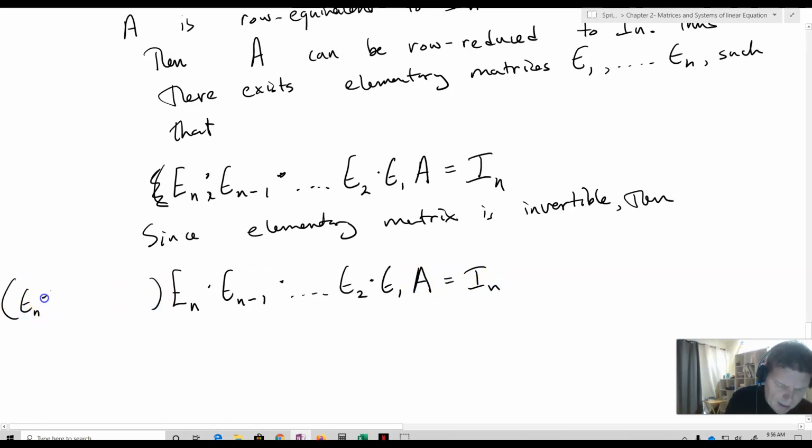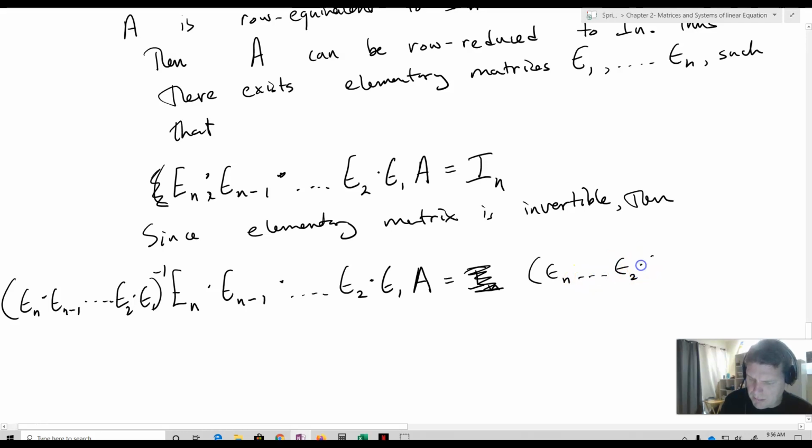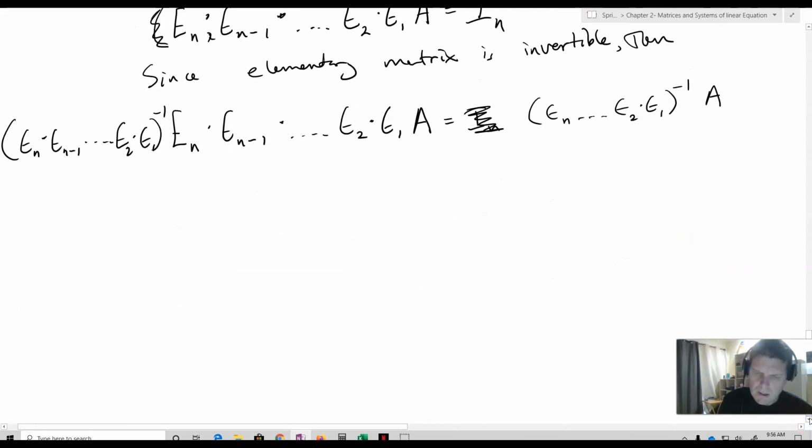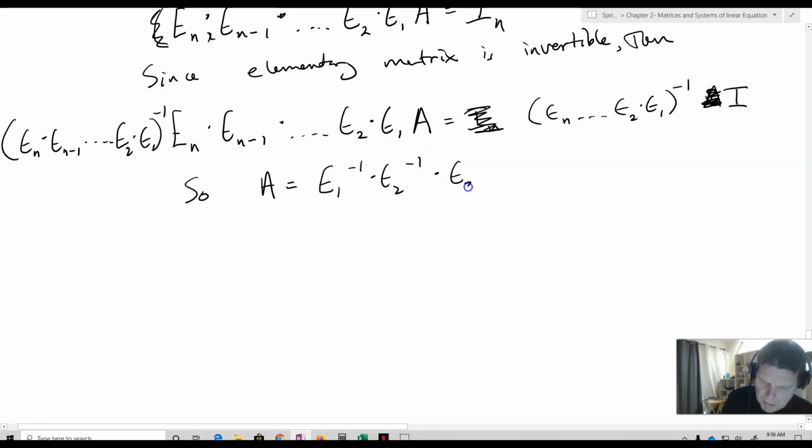So this is (En E(n-1) ... E2 E1) inverse, and I'll do that to both sides, so (En ... E2 E1) inverse times (En ... E2 E1) A equals inverse I. So A equals E1 inverse times E2 inverse times E3 inverse all the way down to En inverse.